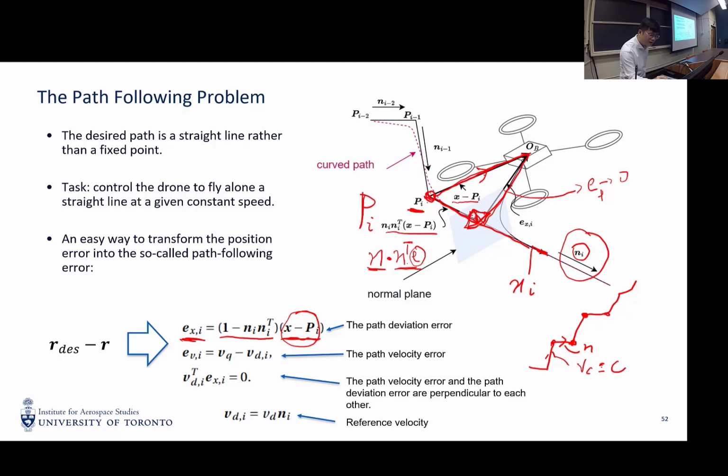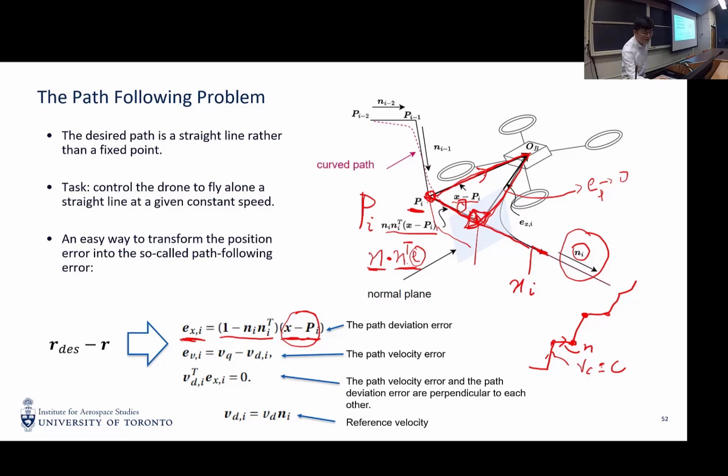So this segment is the projection of the position error onto the path, and this part is not of our concern, because we want the quadrotor to be able to slide along the line. This part can be arbitrarily large; we don't care.